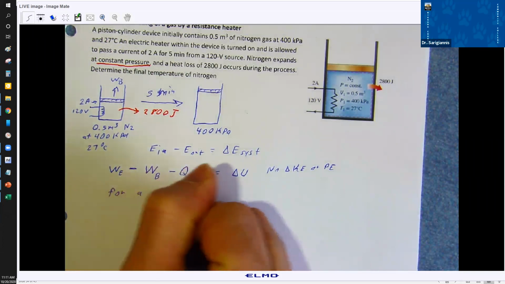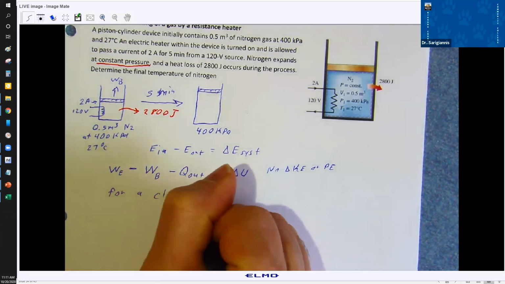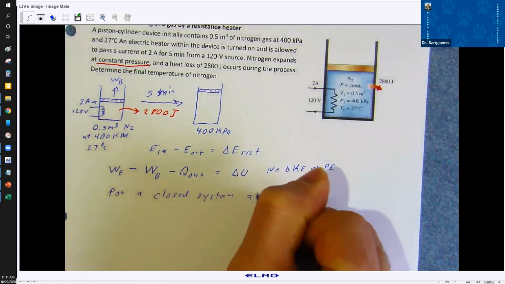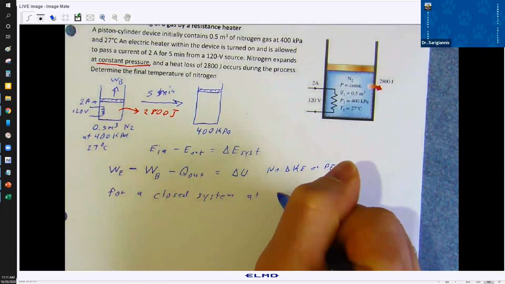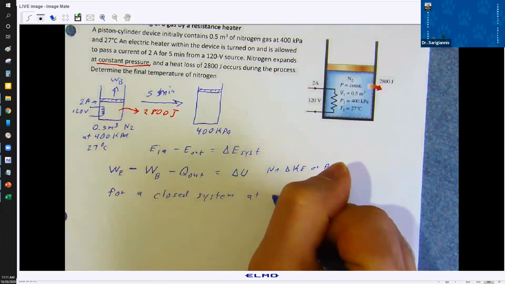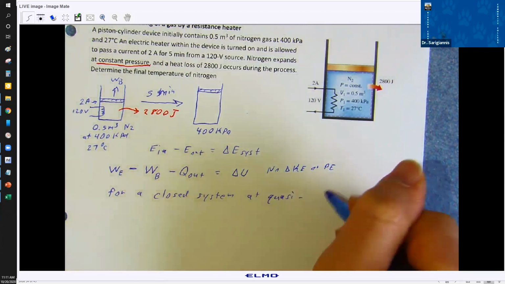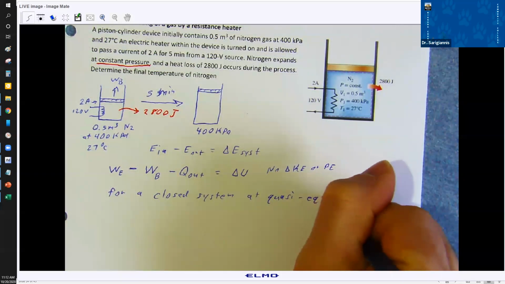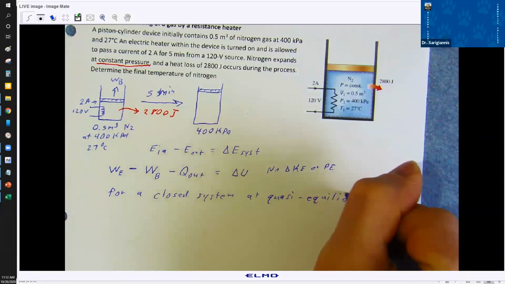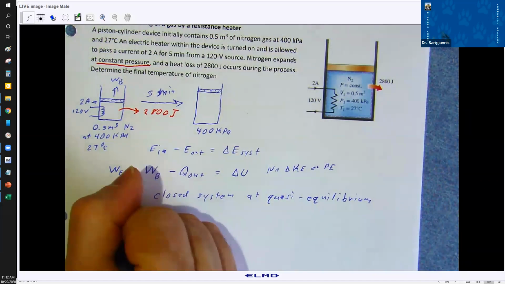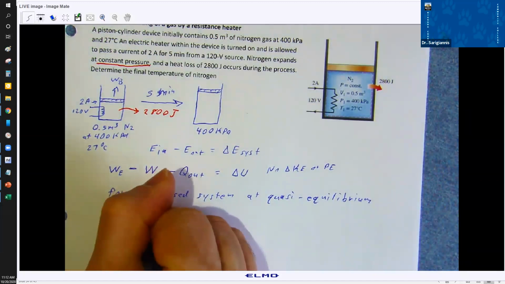For a closed system at quasi-equilibrium expansion or compression.